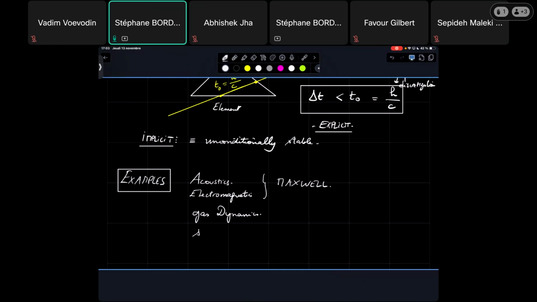Again, shallow water equations, Saint-Venant equations, seismic waves.